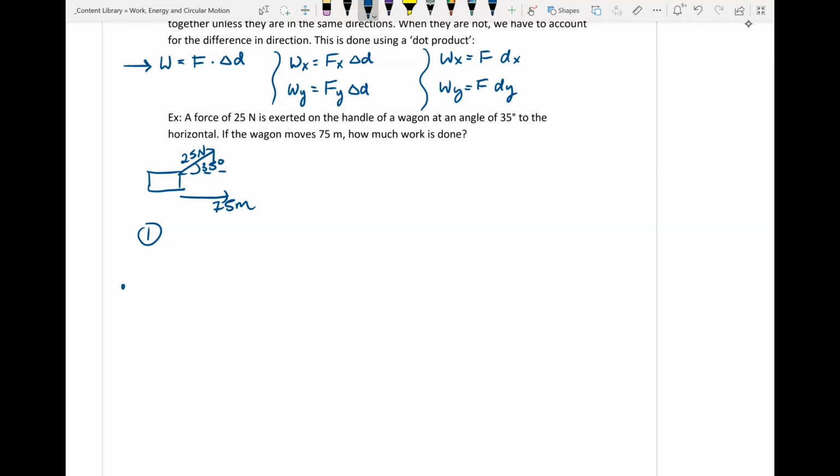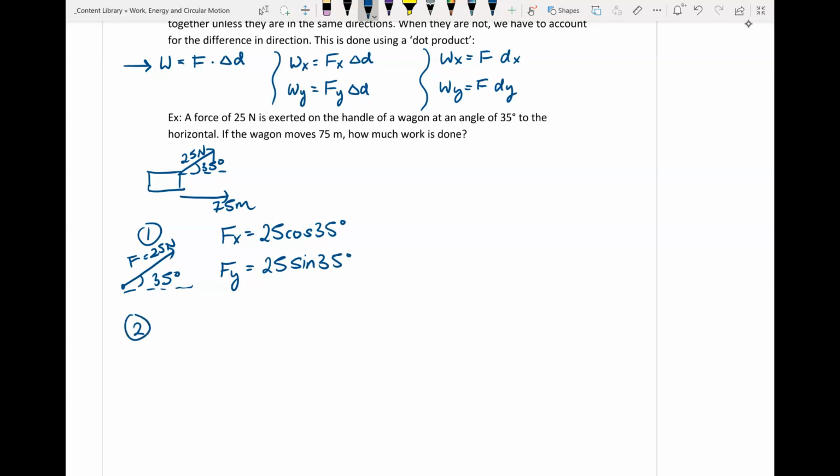So I'm going to just look at this force over here. And we learned this before, that if I want to find force in the x direction, this is going to be 25 cos 35 degrees by using trigonometry. And in the y direction, this is 25 sine 35 degrees.